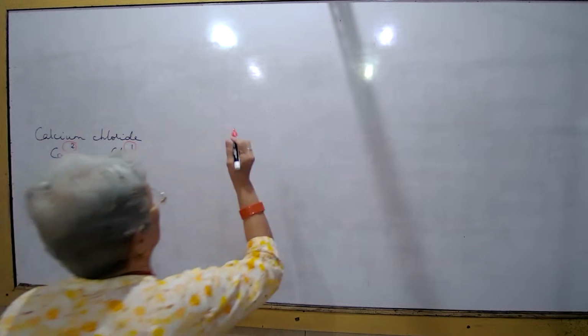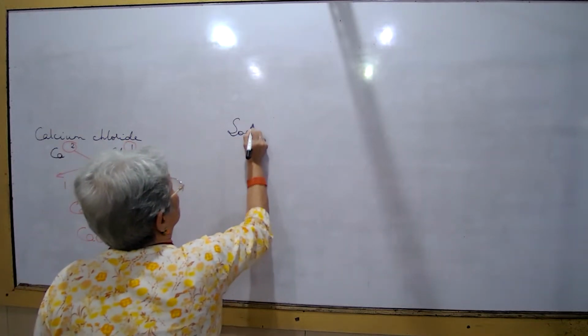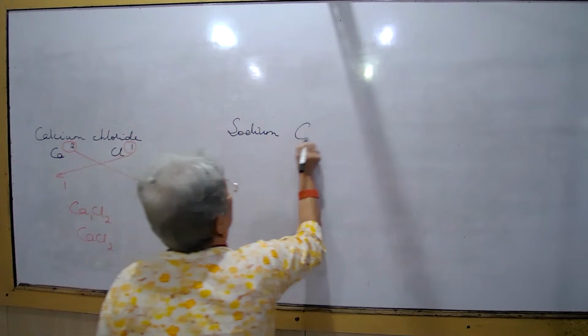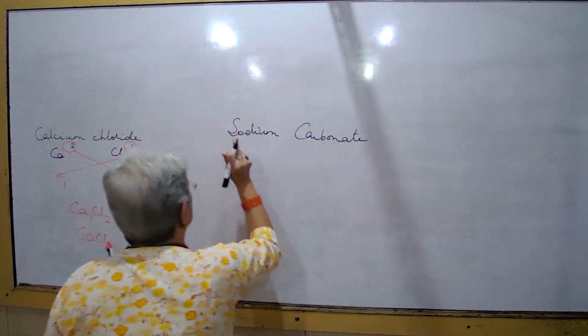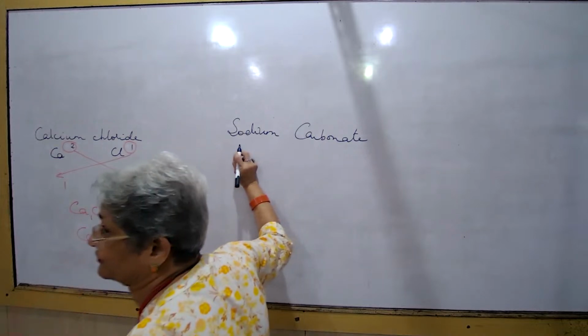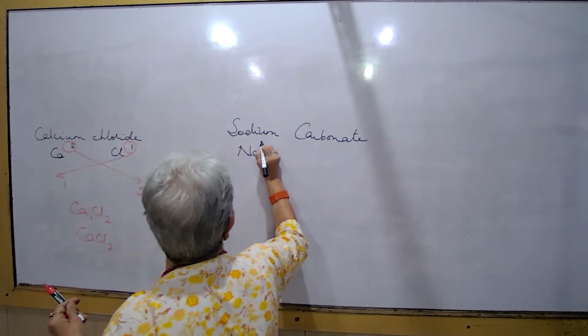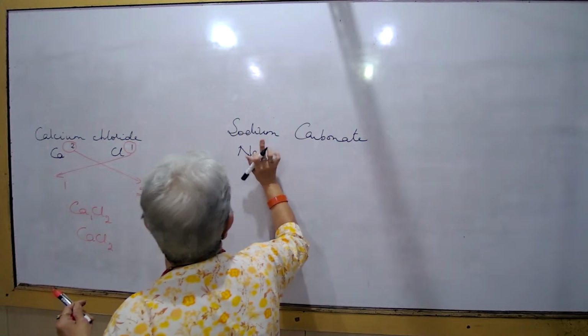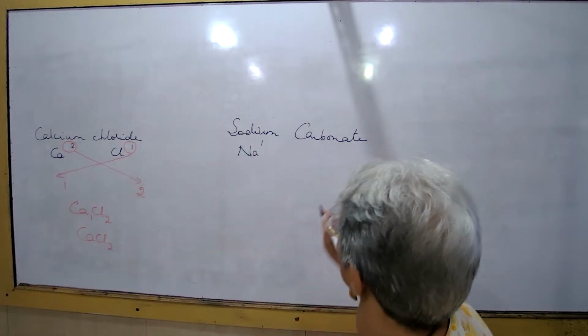Suppose you have got sodium carbonate. What is the symbol for sodium? Na. What is the valency? +1. We'll just put 1. Don't take that sign.